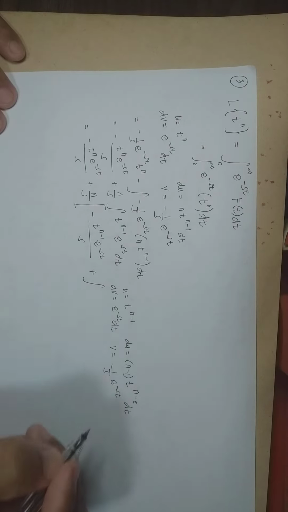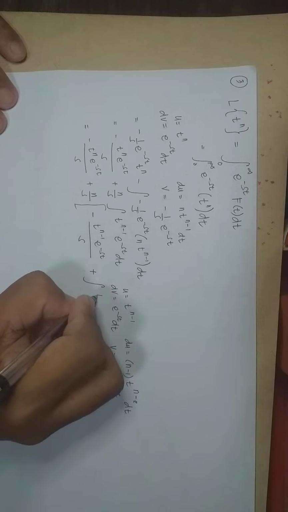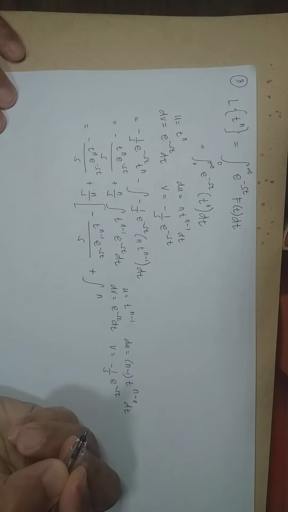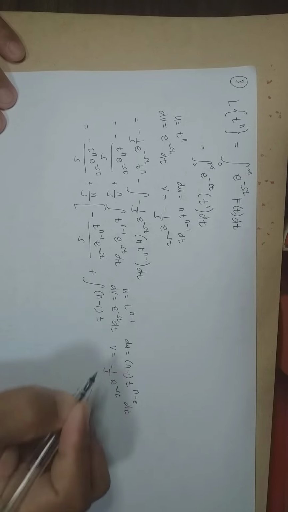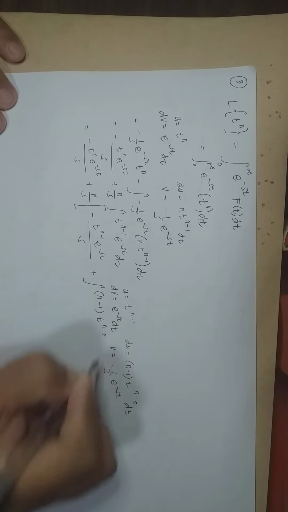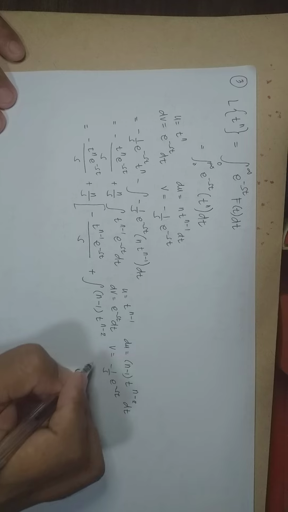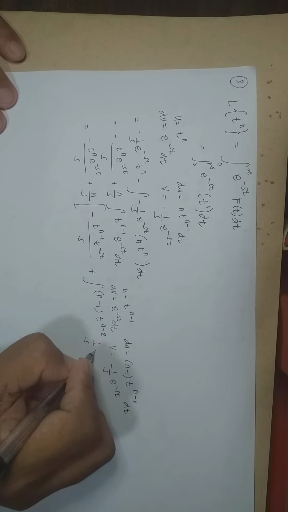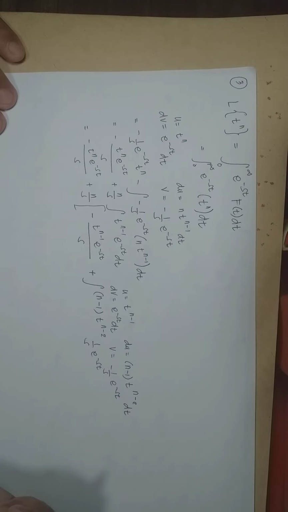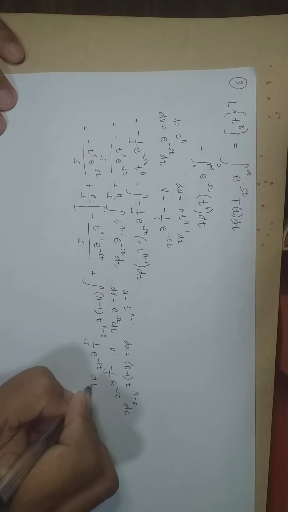n minus 1 t raised to n minus 2 times 1 over s e to the negative st dt.